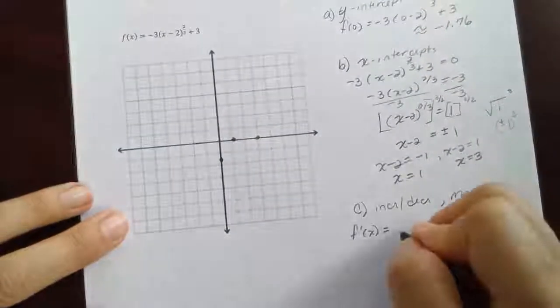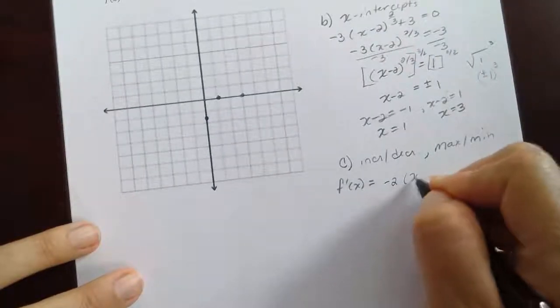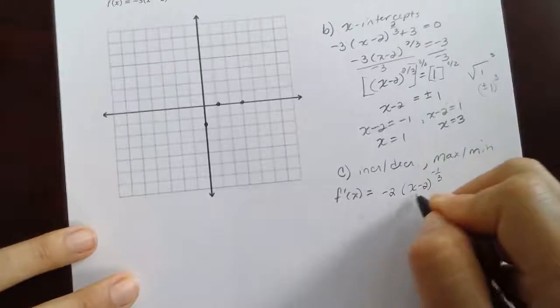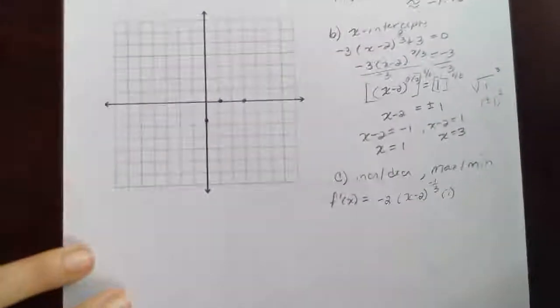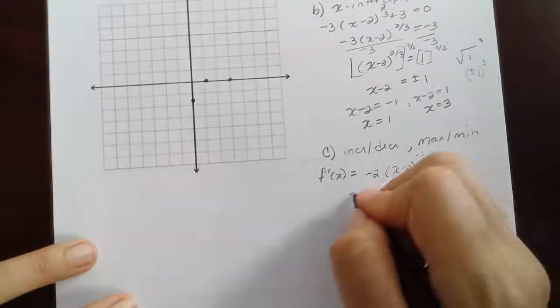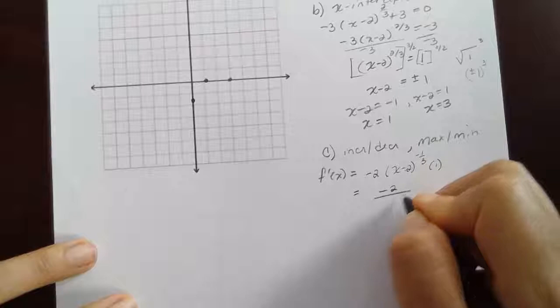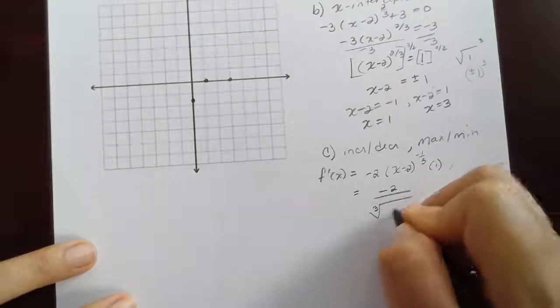This will be negative 2, times x minus 2 to the 2/3 minus 1, which will be x minus 2 to the negative 1/3. Derivative of the inside will be 1. Derivative of plus 3 is 0. Okay, so if we rewrite this, it's going to be negative 2 over, and change this to radical notation.